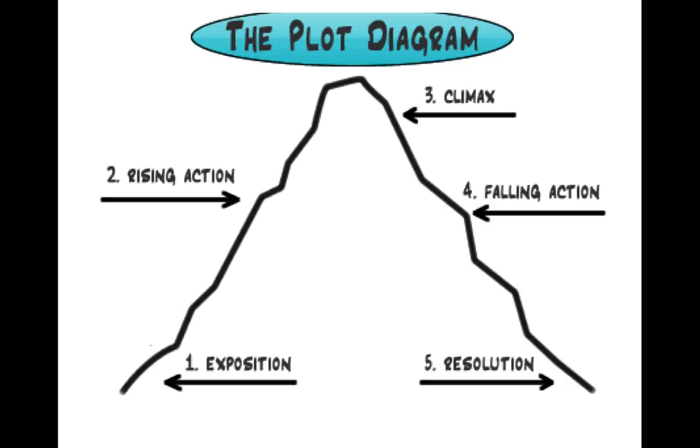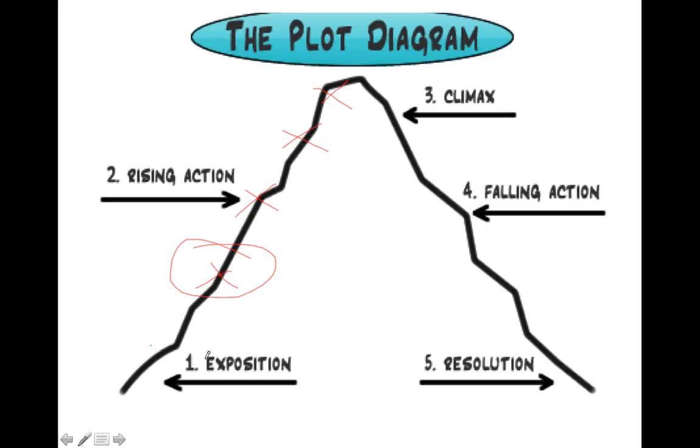So we are looking at conflict, and when we look at our plot diagram, conflict shows up somewhere between the exposition and the rising action, and there can actually be many conflicts happening up until the climax. You can have several conflicts occurring in one story.